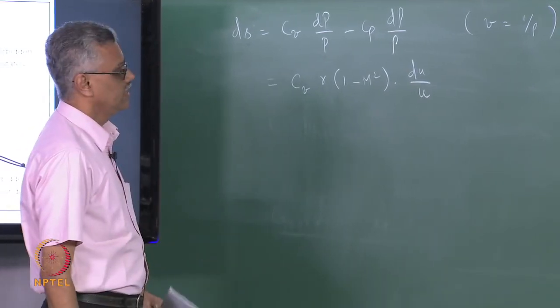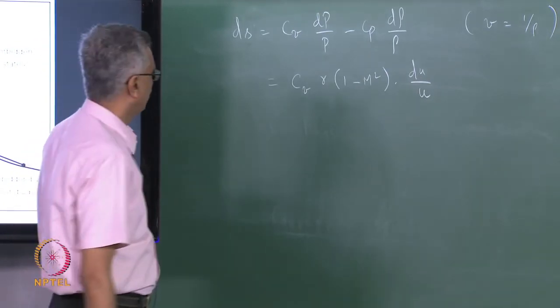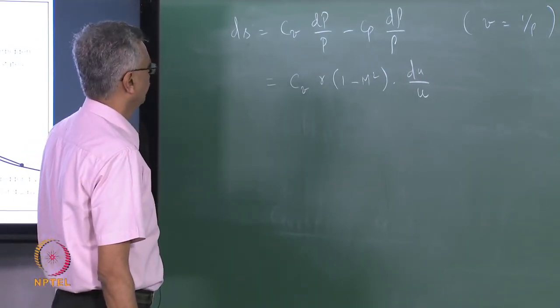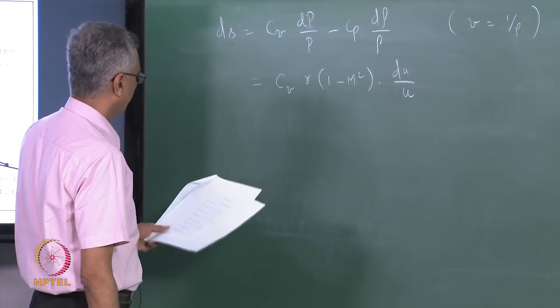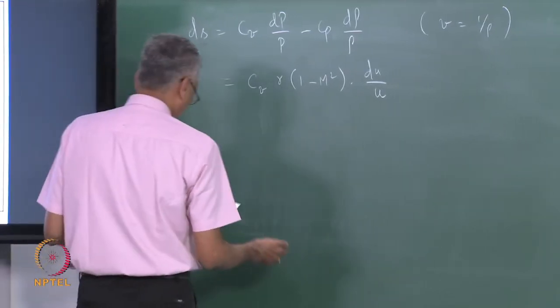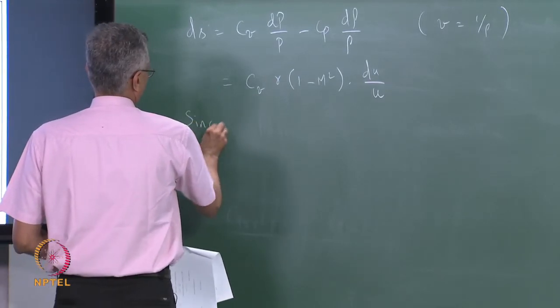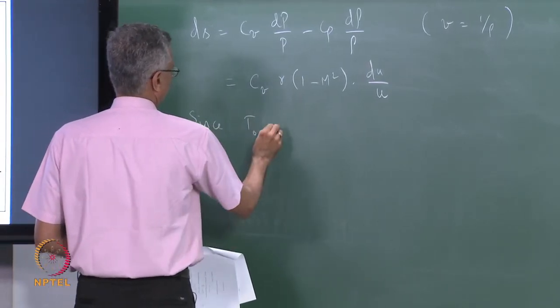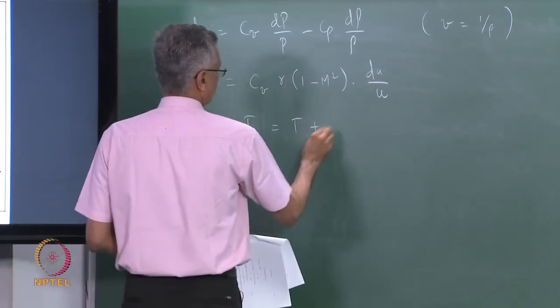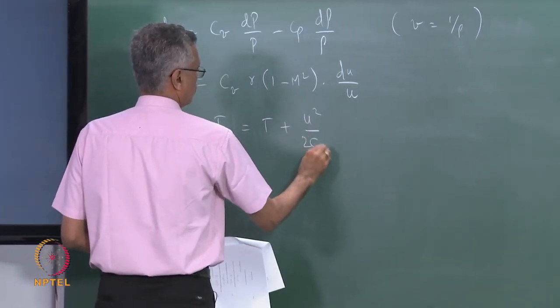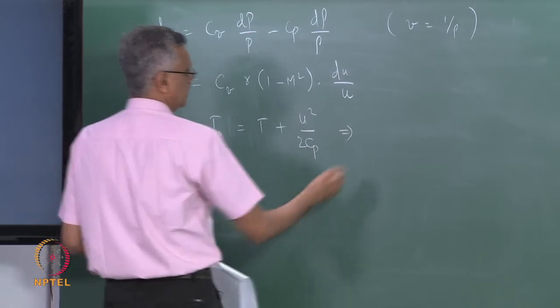Now we use the definition of the stagnation temperature T naught. If you remember, since the stagnation temperature T naught is equal to static temperature plus u square over 2 Cp, I can write this in differential form.